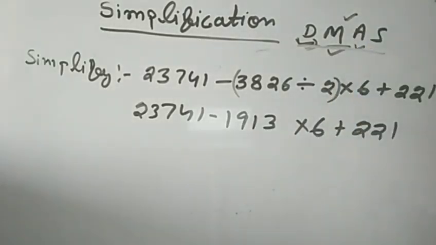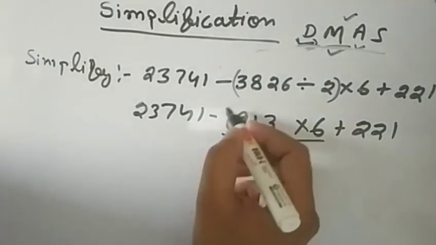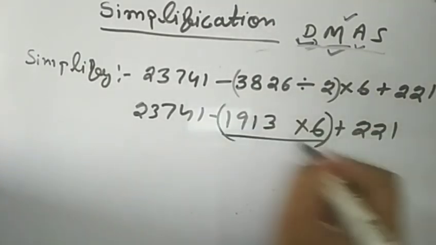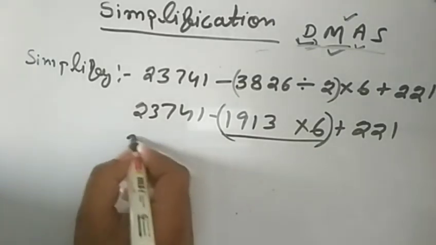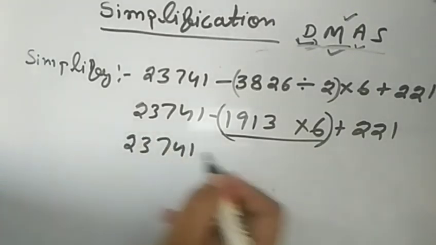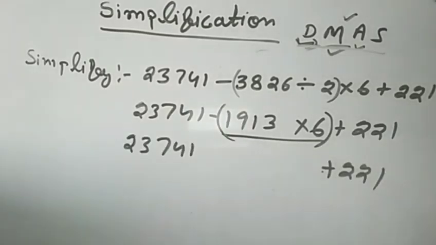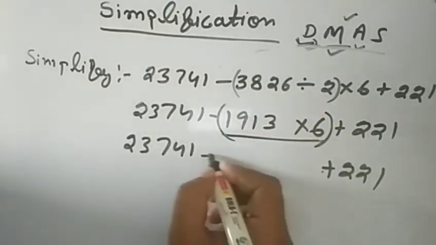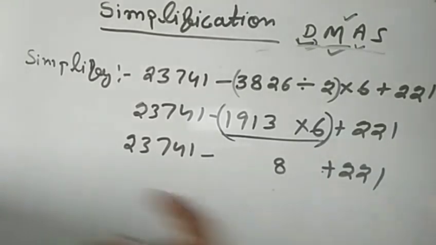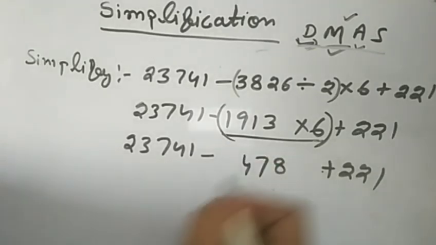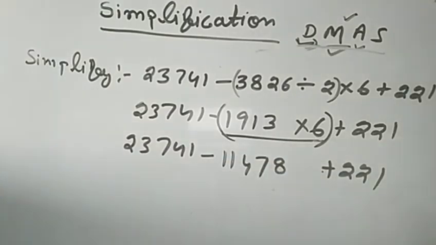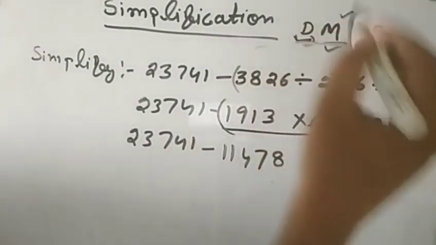So where is the multiplication sign? The multiplication sign is between 1913 and 6. So write all the other numbers as they are and multiply these two numbers. 6 threes are 18, 1 in carry. 6 ones are 6 plus 1 is 7. Again 6 nines are 54, 5 in carry. 6 ones are 6 plus 1 is 11. So multiplication is also done.